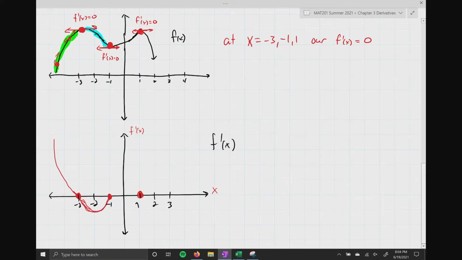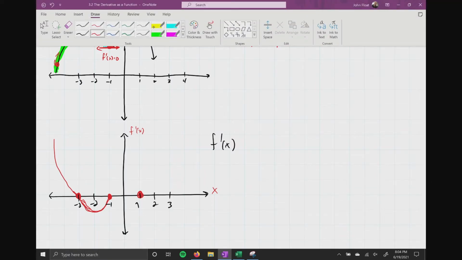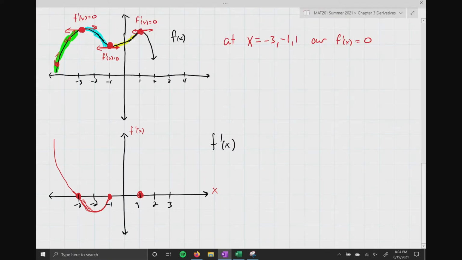Okay? Then we come back up to where the derivative equals 0. Now, in between negative 1 and positive 1, so I'm going to highlight that in yellow, our slopes are positive, which means I'm above the x-axis. So I come up like this. But I know I eventually have to come back down because my derivative at x equals 1 is equal to 0, so I have to come back down.